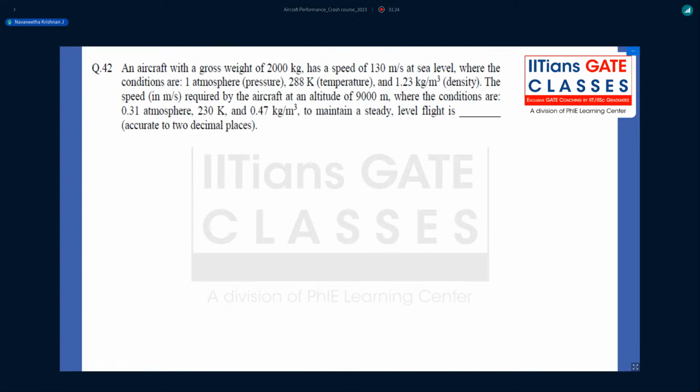They asked us to find out the speed required by the aircraft at the altitude of 9000 meters, where the conditions are 0.31 atmosphere, temperature equal to 230 Kelvin, and density equal to 0.47 kilogram per meter cube, to maintain a steady level flight, is dash, accurate to two decimal places.